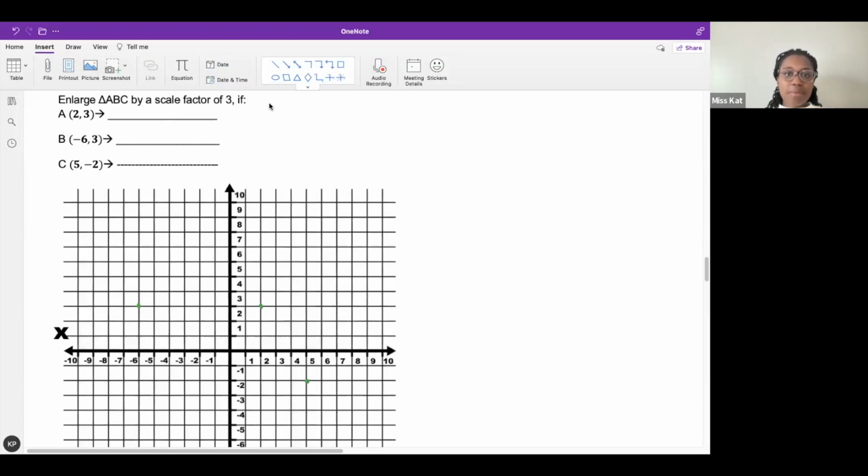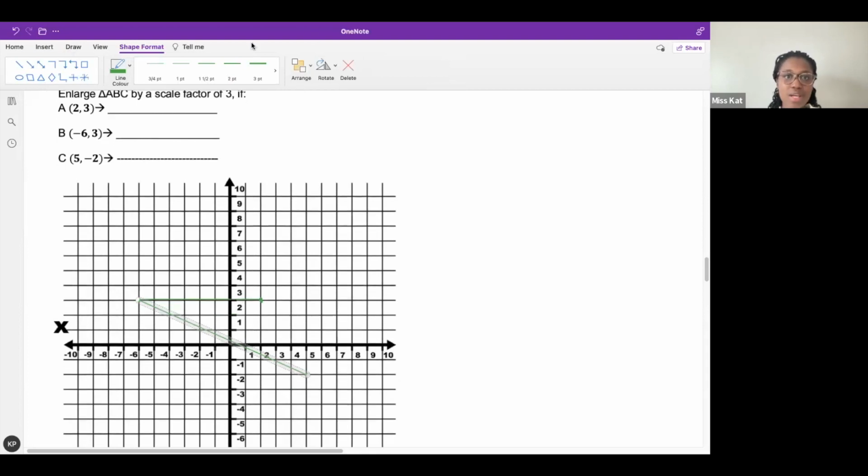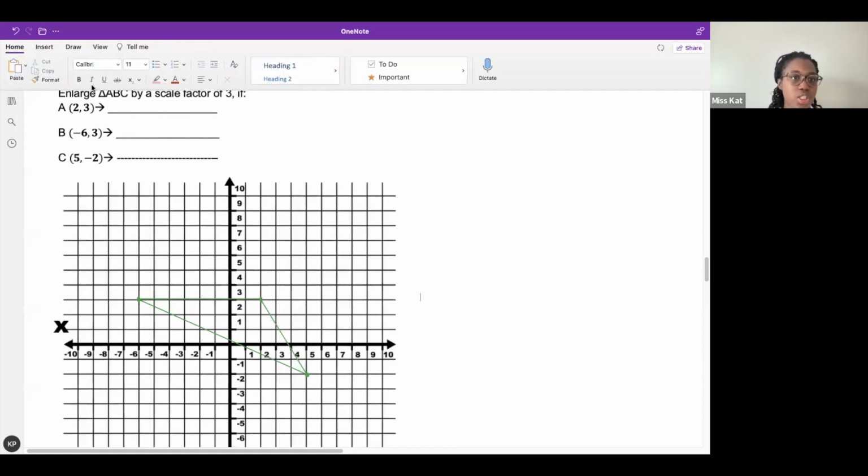Now you guys are going to tell me, how are we going to find the new coordinates? We should know by now, we just did it. How do we find the new coordinates? Yes, Mikhail. Mikhail's on fire today and I am loving it. We're going to multiply them by the scale factor, which is 3.